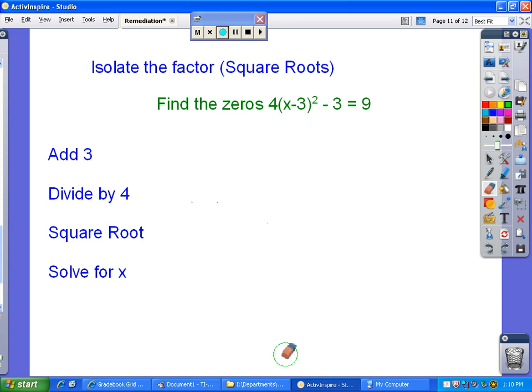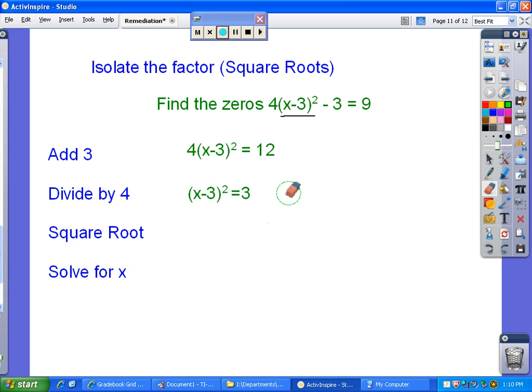All right, last example. Let's isolate the factor so I can take the square root. I have to move everything away from my x minus 3 squared. So first we're going to add 3 to both sides. So we end up with 4 times the quantity x minus 3 squared equals 12. Now before I take the square root, I've got to divide by 4.